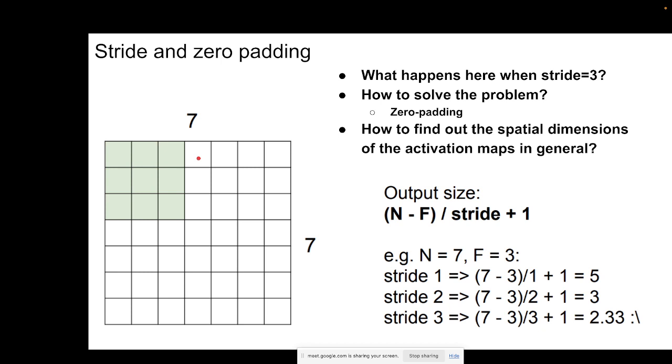So if you go back and refer to this particular slide, you can already see that this is a 7 cross 7 matrix, and when stride equals 2, your output size is 3. So why don't you go ahead, fill this 7 cross 7 matrix with some numbers, have the 3 cross 3 filter ready with some other numbers, and just perform this multiplication.